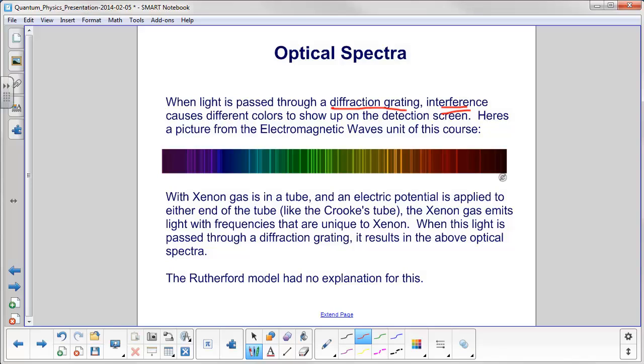The xenon gas will emit light with frequencies that are unique to xenon, sort of a fingerprint for the element xenon. When this light is passed through a diffraction grating, it results in this spectra. No other element has this exact mix of bright lights at various different colors. This is xenon. The Rutherford model could not explain this at all.